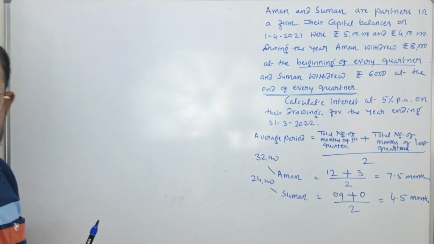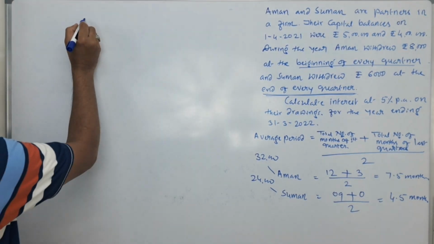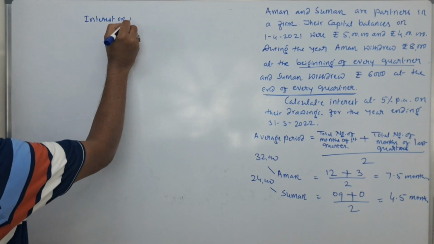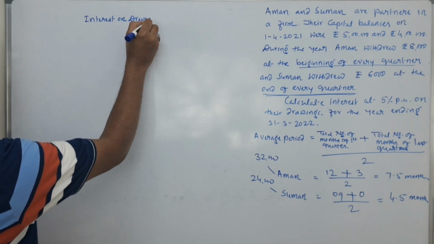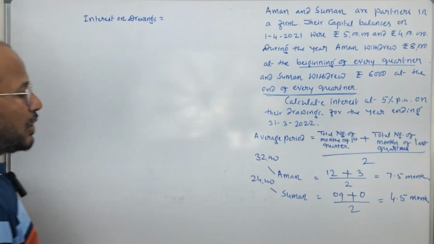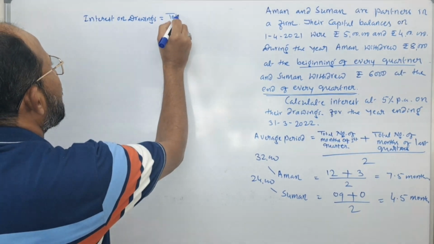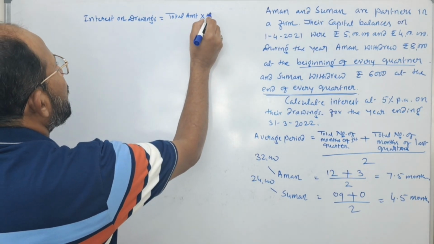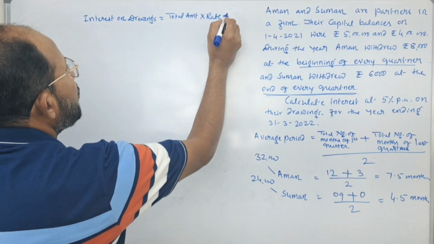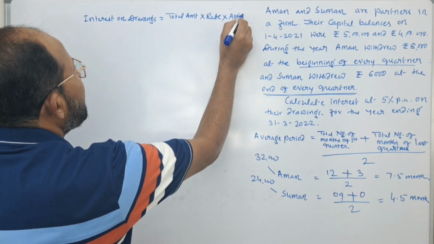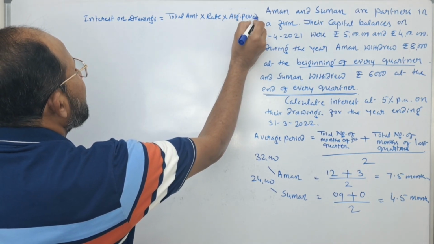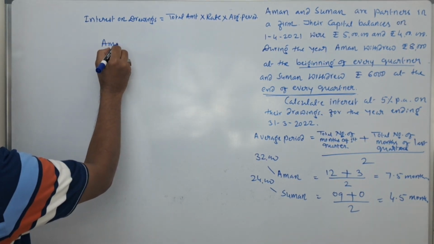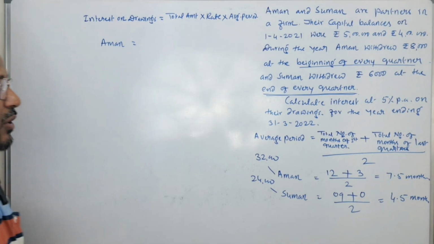Okay, very simple thing is there now. Interest on drawings, you put the formula. Interest on drawings is equal to total amount withdrawn by the partner into rate of interest into average period. We have already calculated it. Okay, fine. In case of Aman, what is the total amount withdrawn by Mr. Aman?